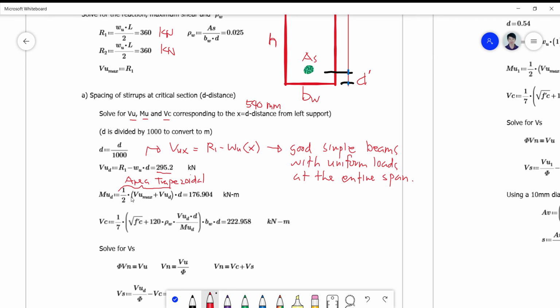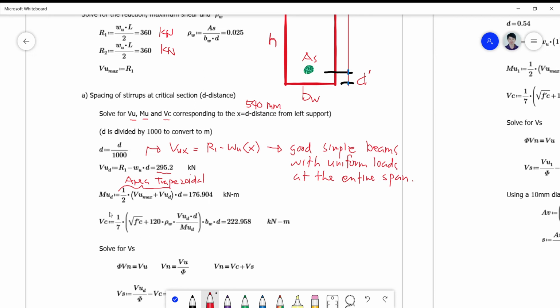So this is 1/2 VU max plus VU at the D distance multiplied by the distance from the support to the critical section, which is D. And we obtain a value of 176.904 kilonewton meter.